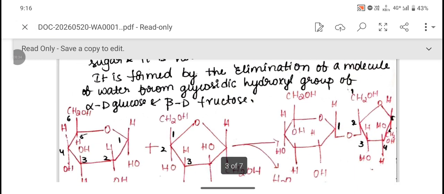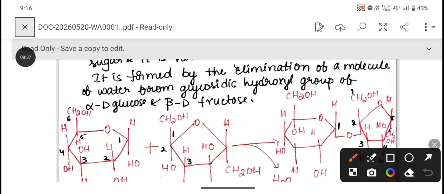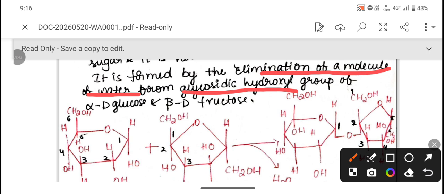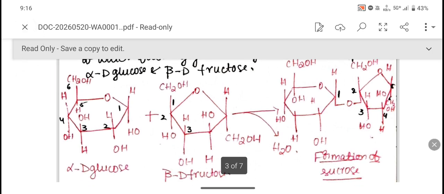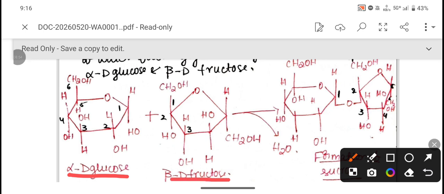If you see the formation of sucrose, it is formed by the elimination of a molecule of water from the glycosidic hydroxyl groups of alpha D glucose and beta D fructose. In order to form sucrose, a glycosidic bond or linkage must be formed between this glucose and fructose. The linkage is always C1 and C1.